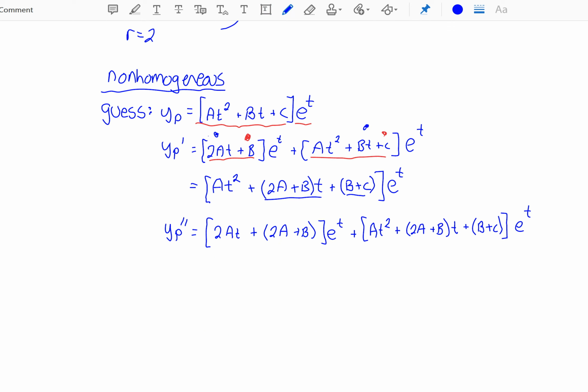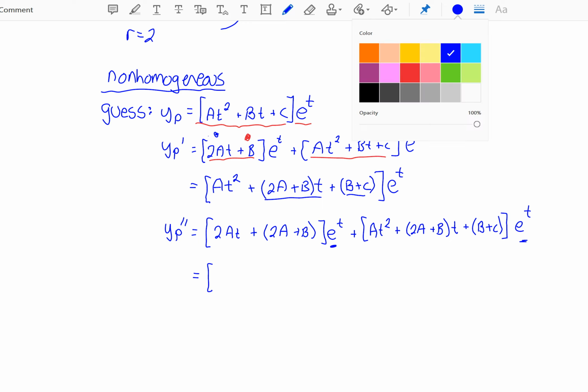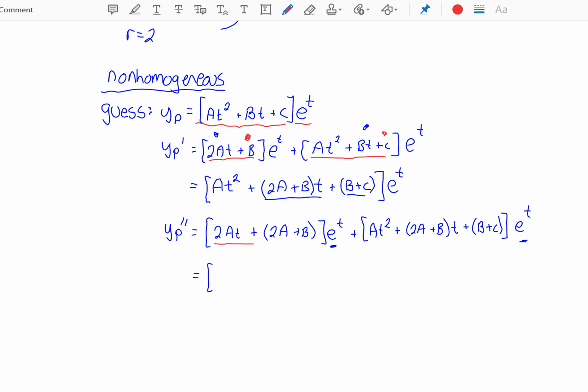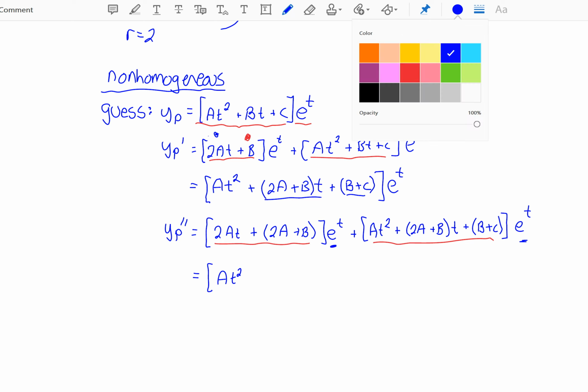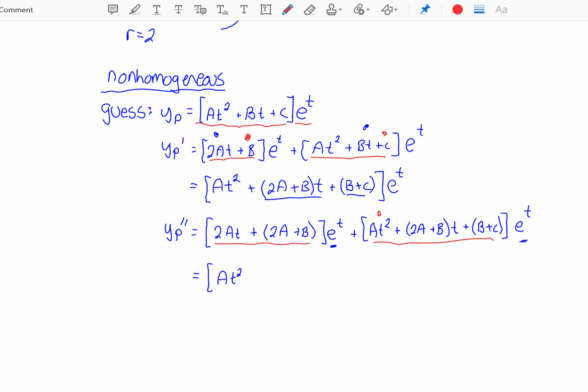And again, I would like to rewrite this just to regroup things together and factor out your common factors. So notice that everything has a factor of e to the t, so I'll pull that out. With what's left, let's rewrite the terms in the brackets together by regrouping and writing them in descending order. So I'm going to have an at squared from this term. Grab your t terms, which is this one and this one.